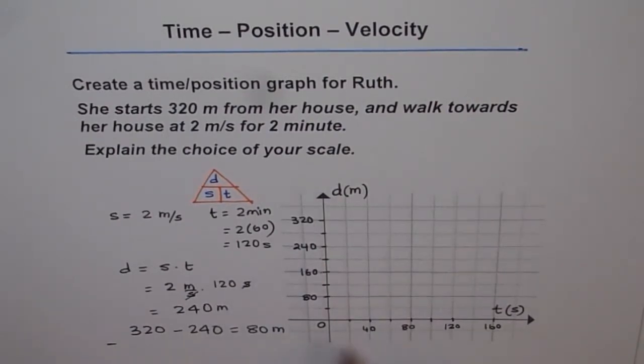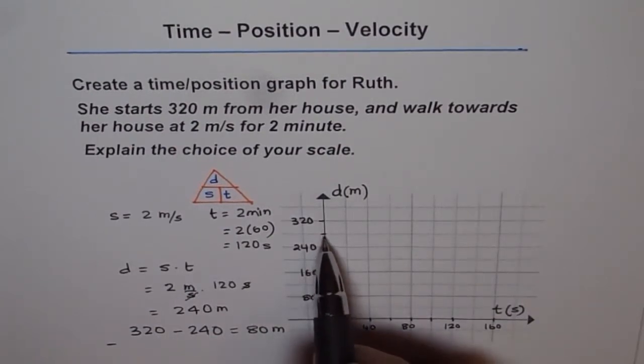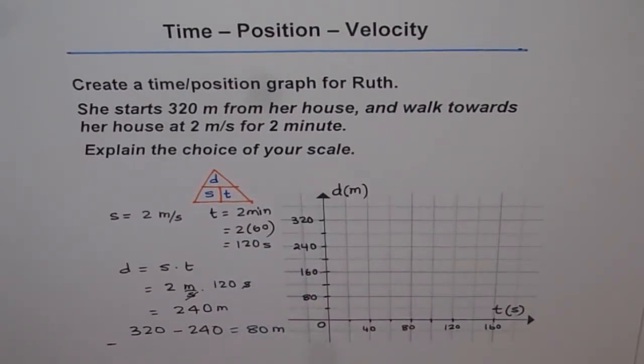That is how we choose a scale, avoiding inaccuracies. If you choose a scale by 50s, then it will be 300 and 350, and 320 will be somewhere in between, which leads to approximation. That will not be a good idea. 40 is a much better unit to take in this particular example.